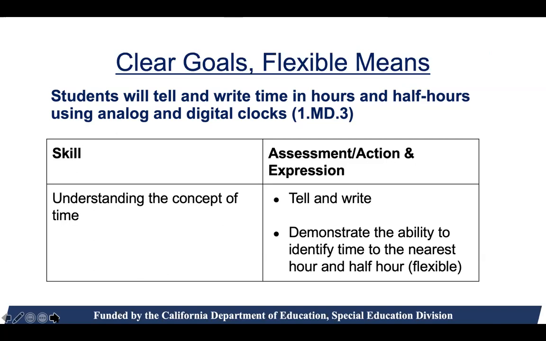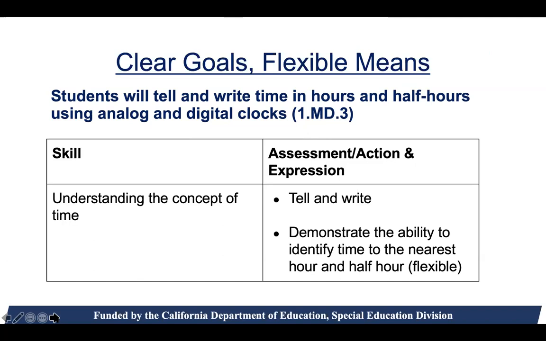The verbs in this standard are tell and write. In many cases, tell means oral output. Writing means written expression. When we're trying to assess the skill of understanding the concept of time, oral output and written expression would be the only way we could tell whether students have mastered it.